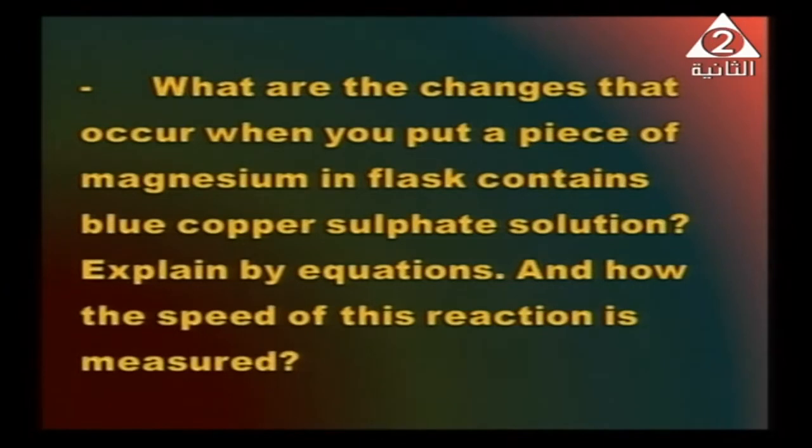Explain this by equation and how the speed of this reaction is measured. Here there are three questions. Number one, what happens when you put magnesium ribbon in a blue copper sulfate solution? Number two, write the possible equation. Number three, how can the speed of this reaction be measured?